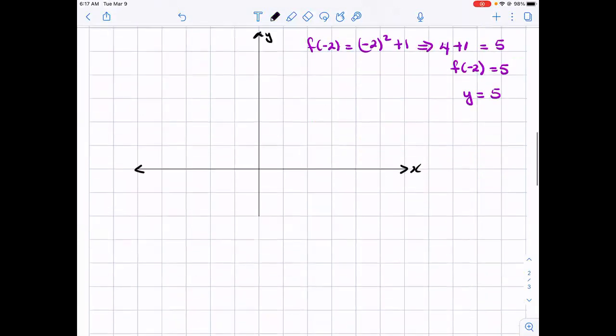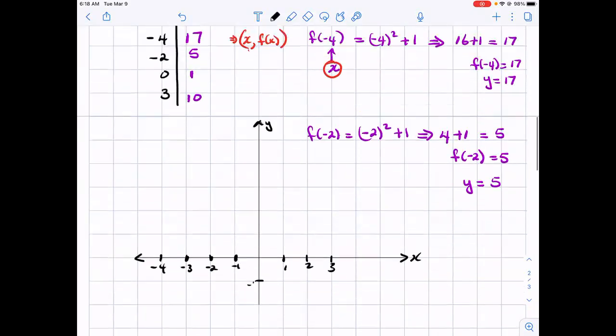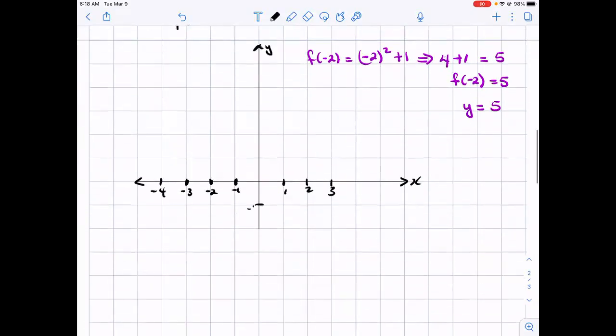So we have negative 1, negative 2, negative 3, negative 4. Here we have 1, 2, 3. Here we're going all the way up to 17, so let's call this 4, 8, 12, 16, 20.